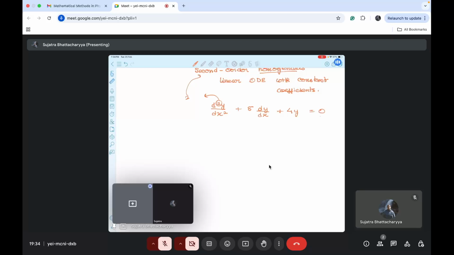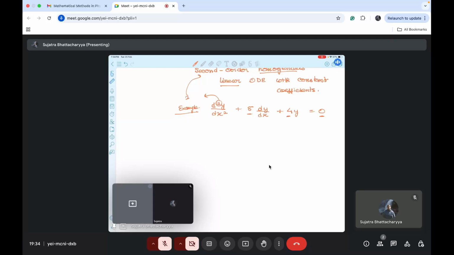Homogeneous because it is equal to 0. Linear because there is no product of the dependent variable with itself or its derivative. No nonlinear functions are present. The degree is 1. Clear? So this is an example of a second order homogeneous linear ODE with constant coefficients.